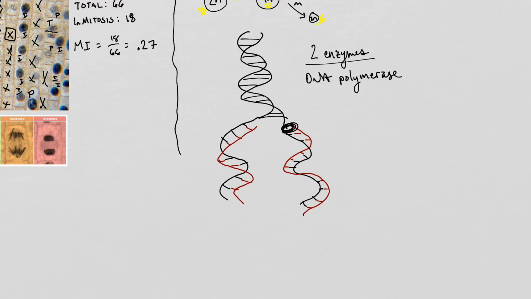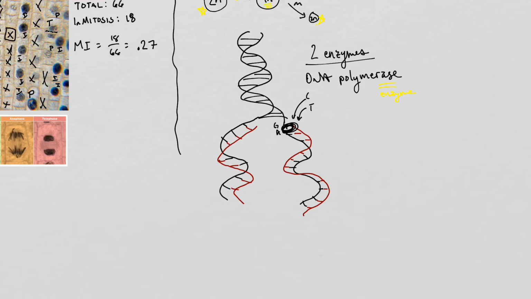And if it sees an A on the old strand, it's going to bring in a T on the new strand. And then it moves on. If it sees a G here, then it's going to bring in a C here. So we know it's an enzyme. We know it's an enzyme because it ends in ASE. And it builds onto the DNA polymer. So it's the thing that is going to build onto it.